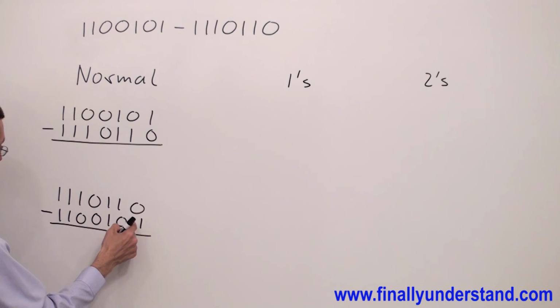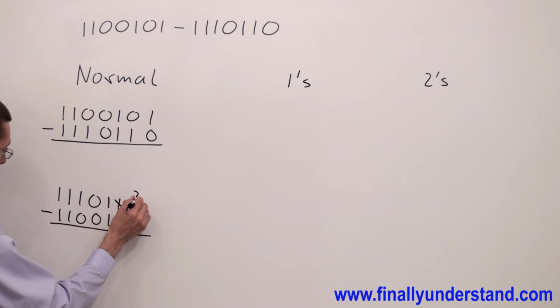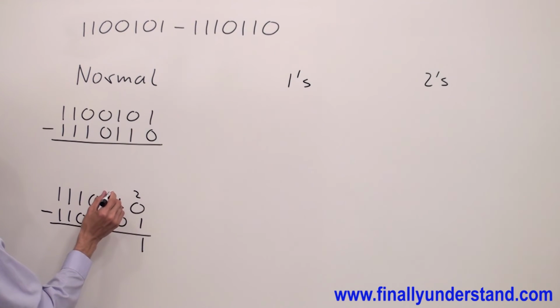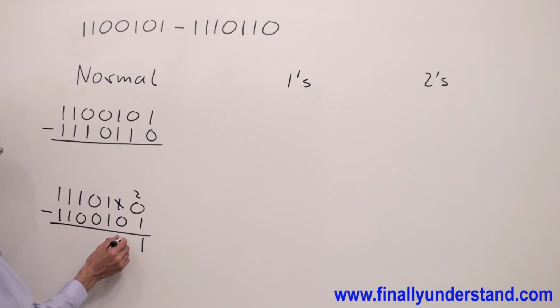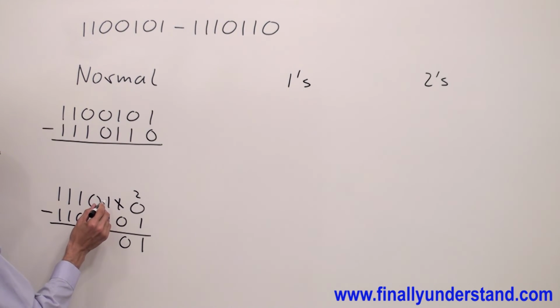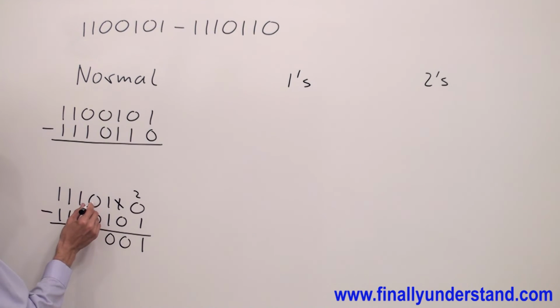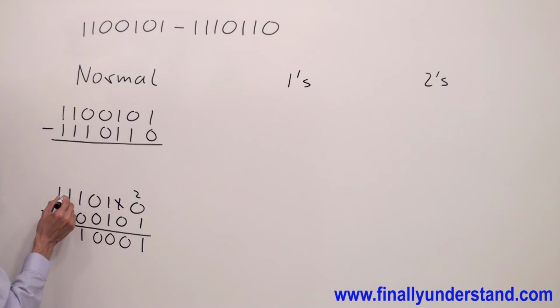I cannot subtract 1 from 0, that's why I'm going to borrow 1 from here, and I have 2 minus 1 is 1. 0 minus 0 gives me 0. And I have 1 minus 1 is 0. I have 0 minus 0 is 0. 1 minus 0 is 1, and I have 1 minus 1 is 0, 1 minus 1 is 0.